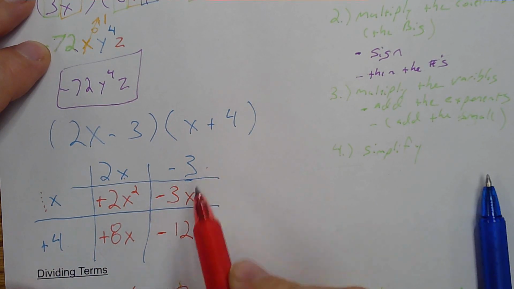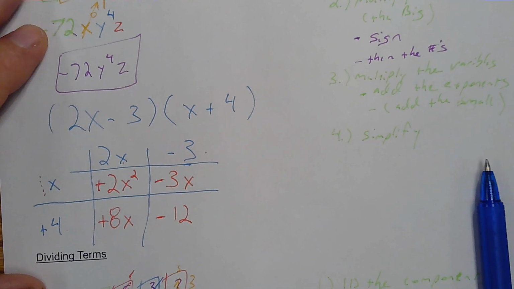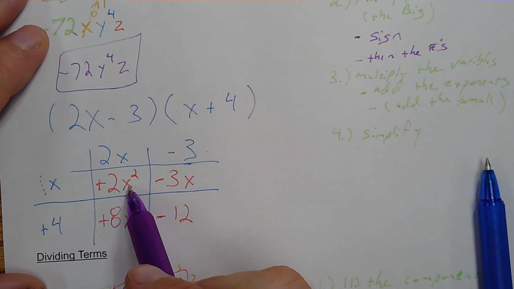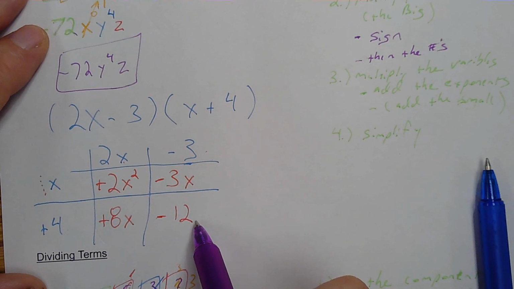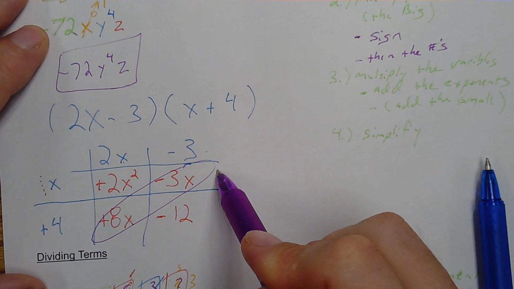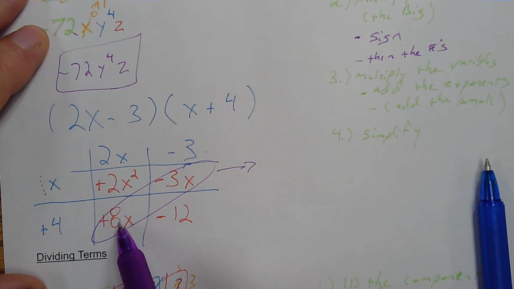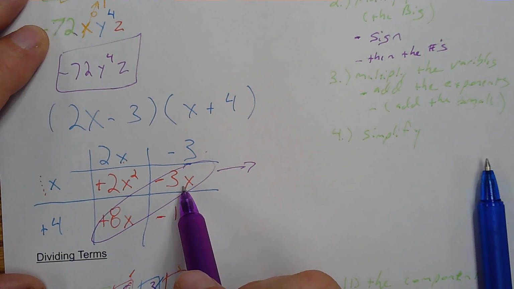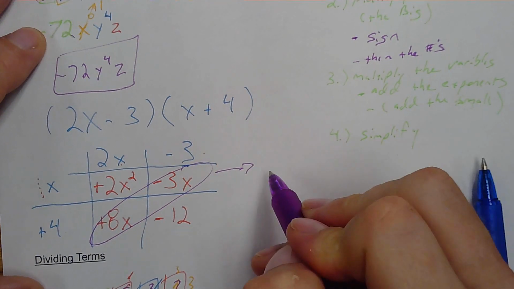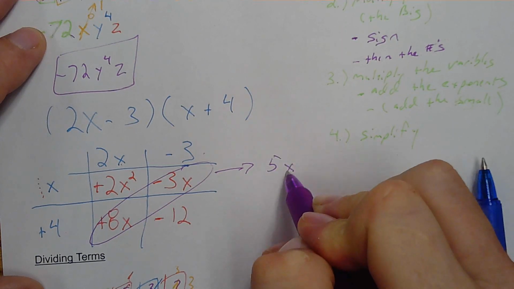No variable times no variable is no variable. Do we have any like terms? X squared, no variable, x and x. Those two x's will combine: positive 8 combined with a negative 3 makes 5x.